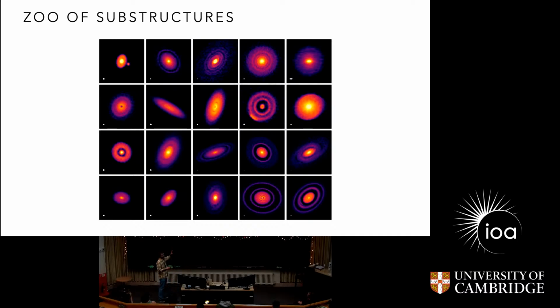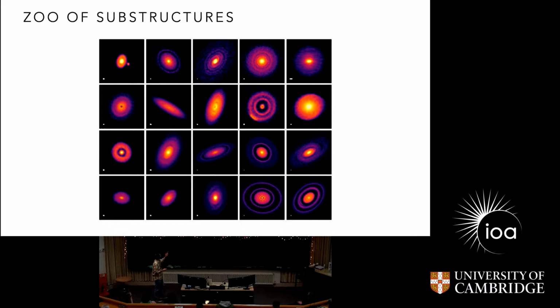This is how the dust is emitting in these protoplanetary disks. And you see that they have very interesting shapes. They have a lot of so-called substructures. So you see that these disks are not just flat disks without any features, but they have a lot of different things going on there.